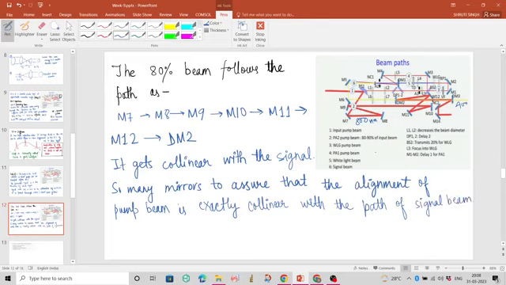Okay. So we have to check on that, and we have to adjust the path traveled by the pump beam so that, after hitting the dichroic mirror, its path is exactly collinear with the signal.